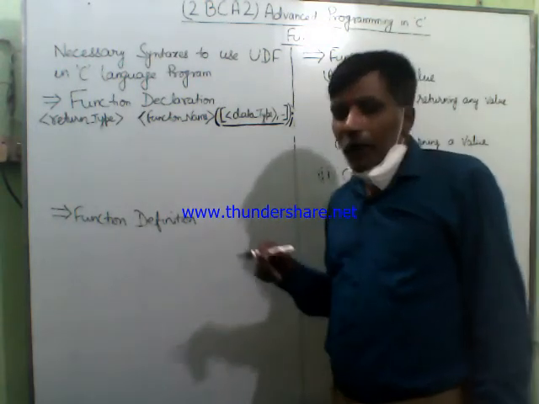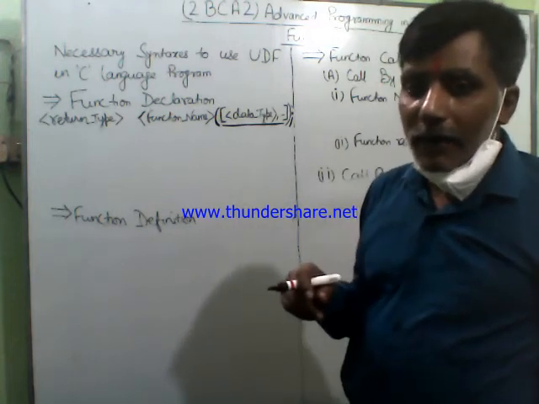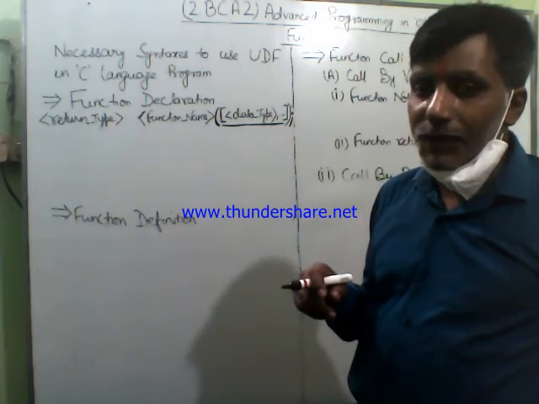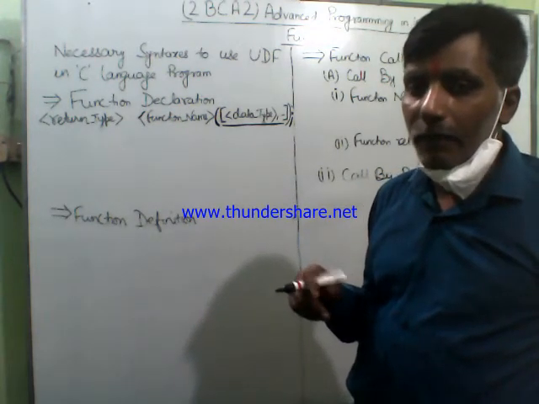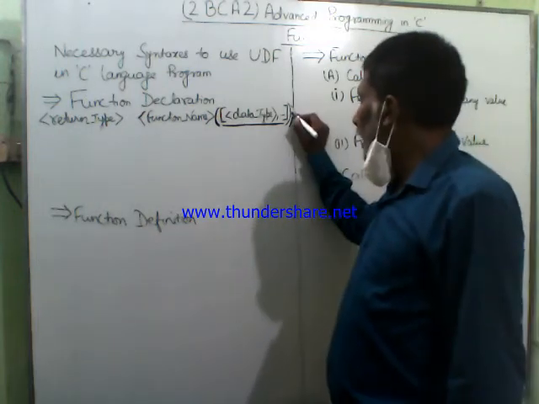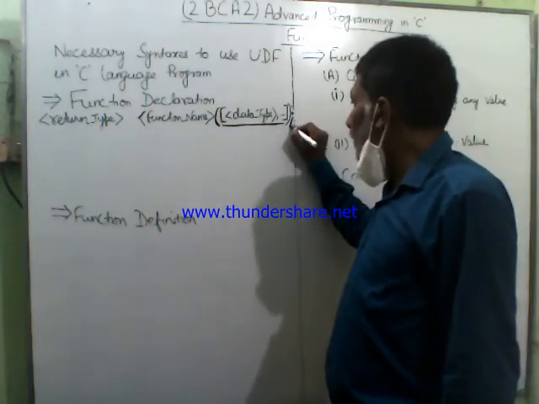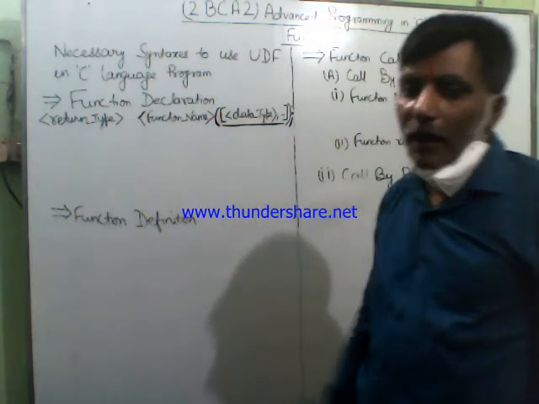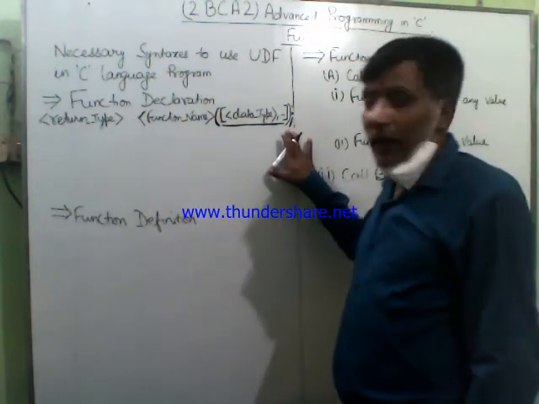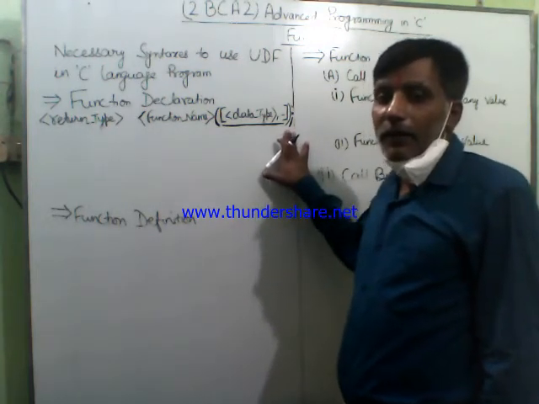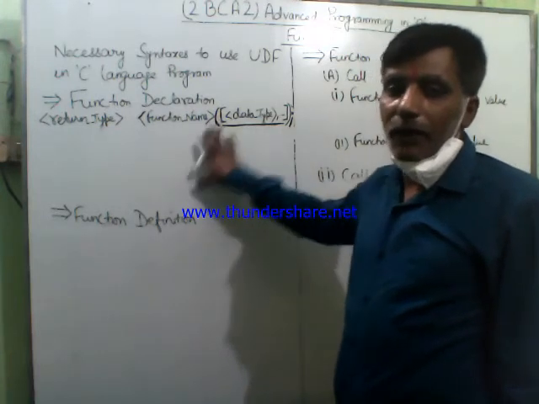And remember, function declaration is a statement, and every statement in C language should be terminated by using this semicolon. Hence, in the syntax of function declaration, I have used here in the end of the line a semicolon to terminate the function declaration.